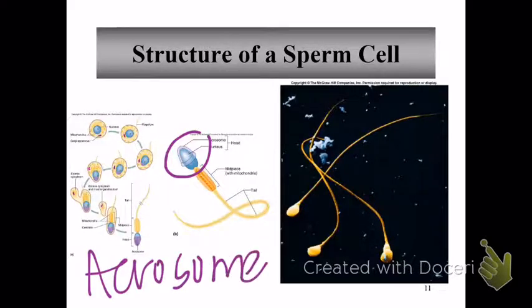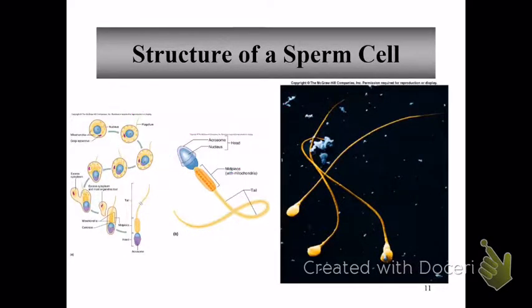The mid piece right here, that's where the mitochondria is. That's where the energy is. Right? I know you all think the mitochondria you learned in high school is the powerhouse, right? So that's where the energy is coming from.